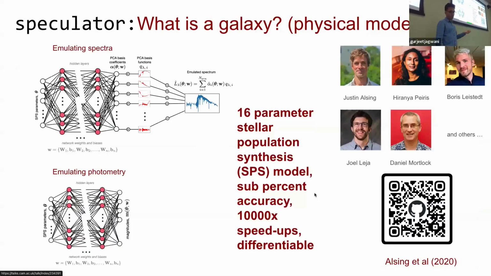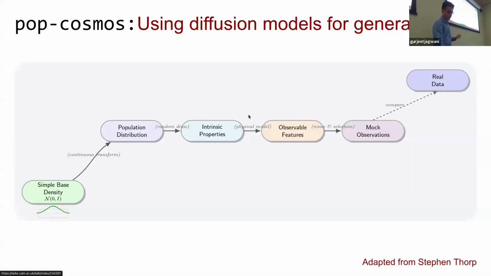So a very important part of this is the physical model. If I go back again, the physical model is here, where you have the intrinsic properties from your population distribution and you want to convert them into something you see from a telescope.